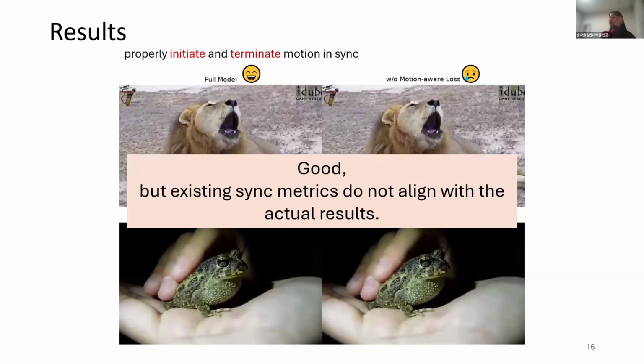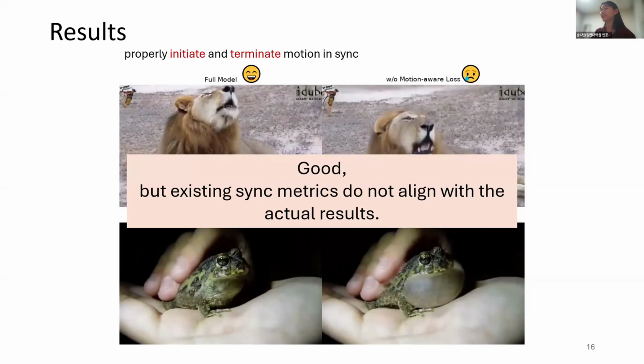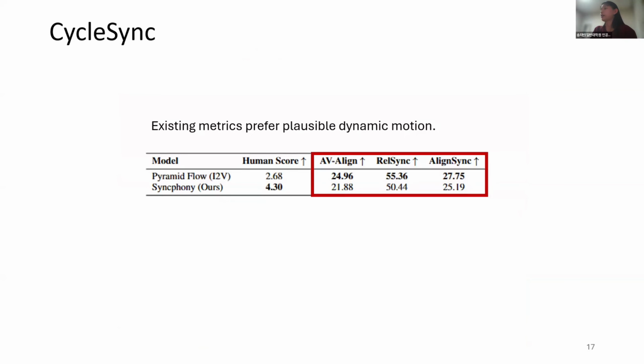So we can see the model can generate synchronized video, but existing sync metrics do not align with actual results. In this table, each existing metric scores the I2V model, which is an unsynchronized model, and Syncphony, which is a synchronized model.